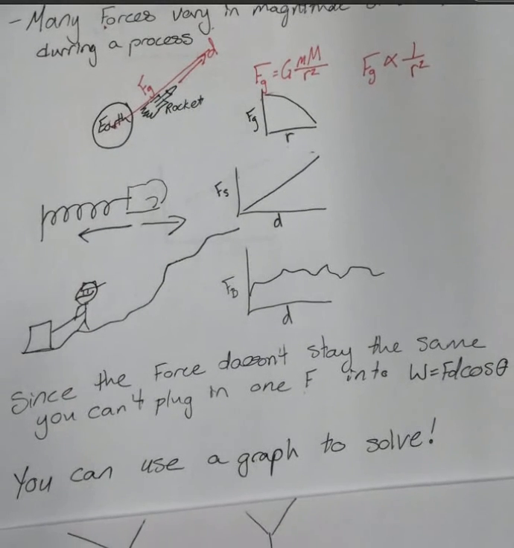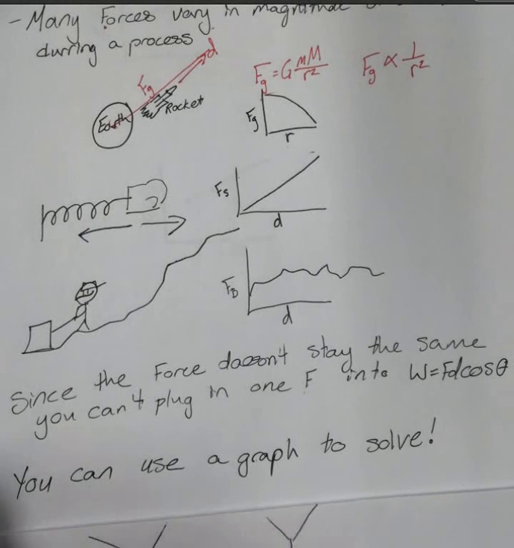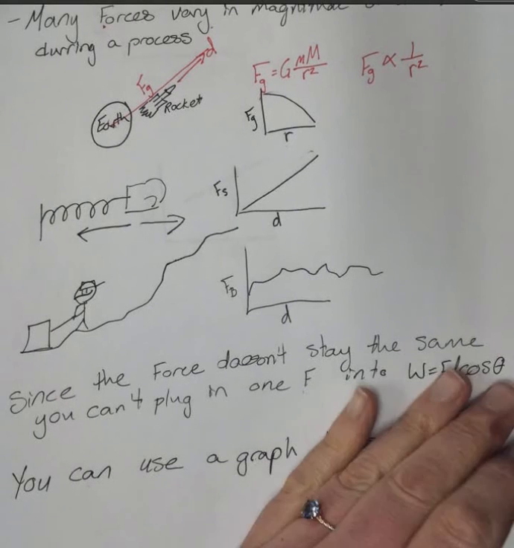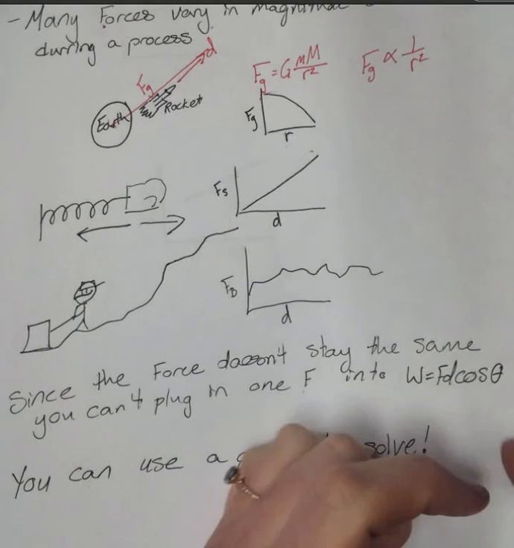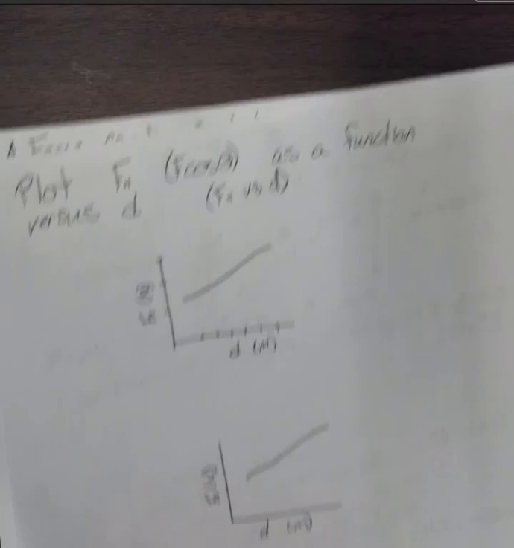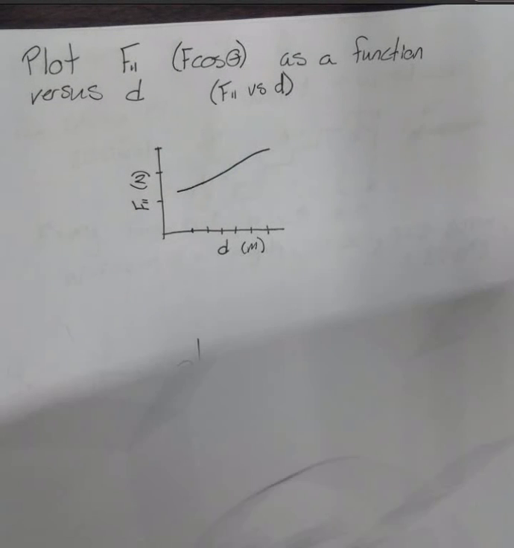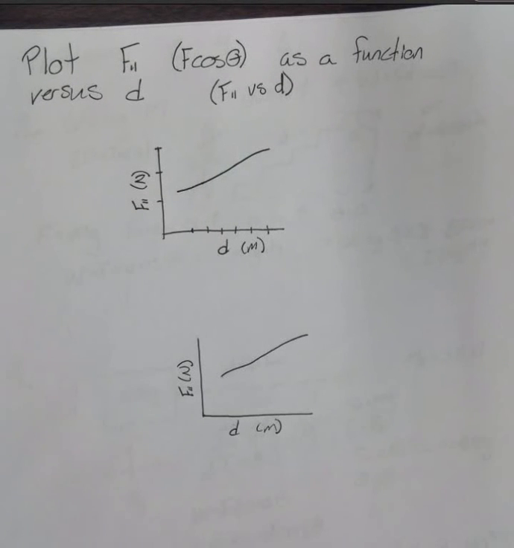And here is where calculus plays an important role in physics. We're just going to take a look at the role, and at what you could do, whether you're in calculus or not. You can use a graph to solve for the work done. This is a lot like using a position versus time graph.